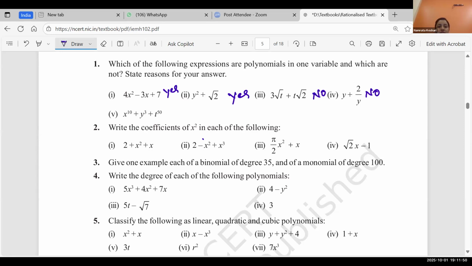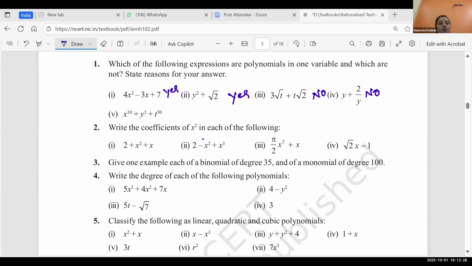Ma'am, this is a direct textbook question, right? State the reason wherever it's not a polynomial. See, when it's a polynomial, we don't have to give the reason.